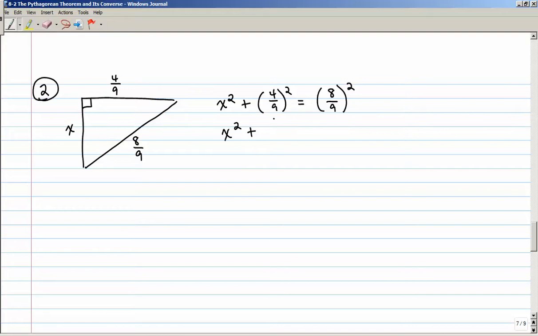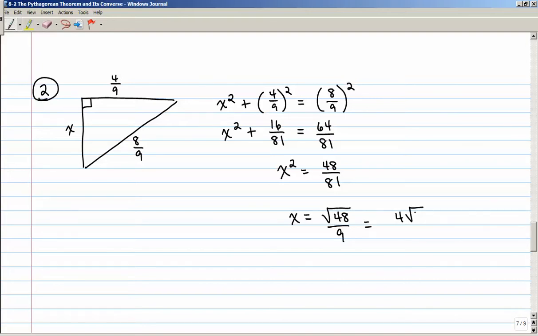X squared plus 16 over 81, just square the 4, square the 9, equals 64 over 81. And subtracting 16 over 81 from both sides, x squared equals 48 over 81. And taking the square root of both sides, I had the square root of 48 over 9, which simplifies to 4 square root of 3 over 9.